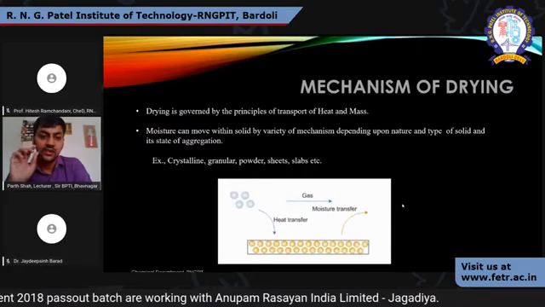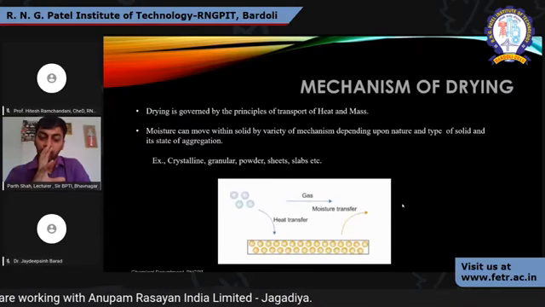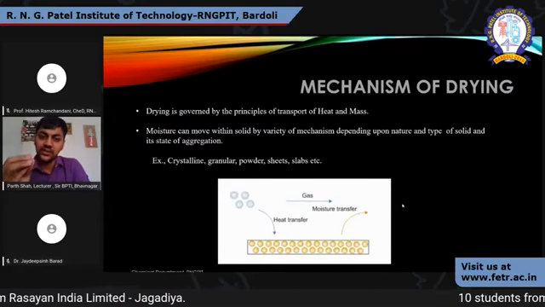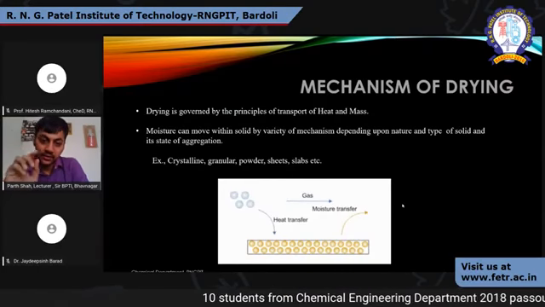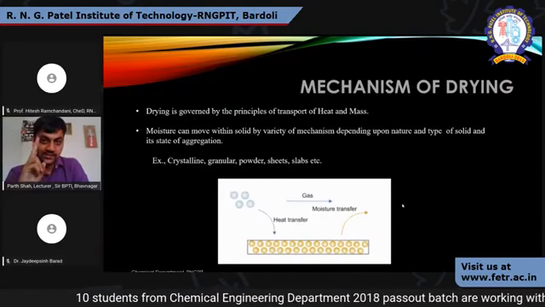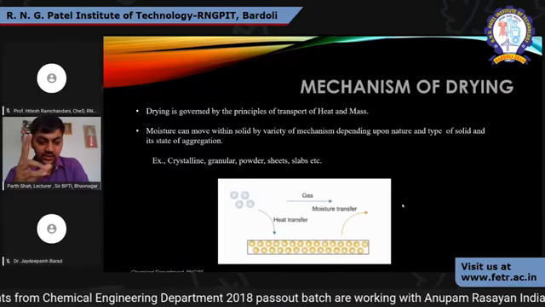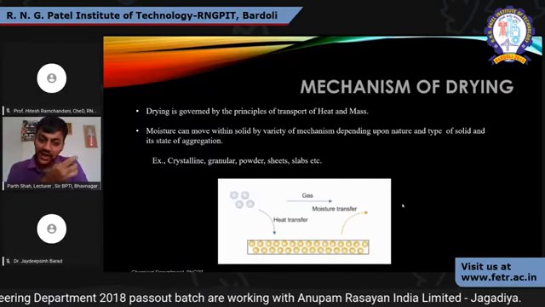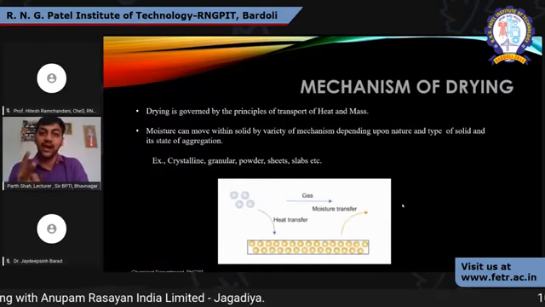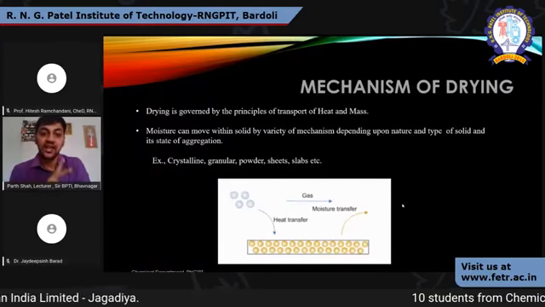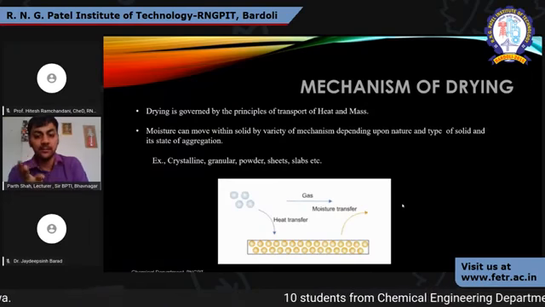The hot air gives heat to the liquid compound, and that liquid compound gets heated. So this is heat transfer. Second, when the compound is heated, the air takes some amount of moisture with it. So there is mass transfer. So it is a transport of heat and mass.